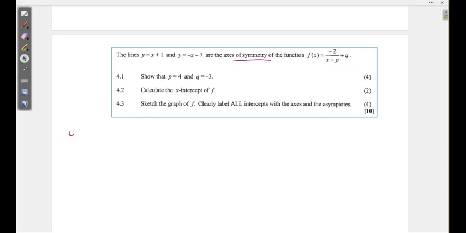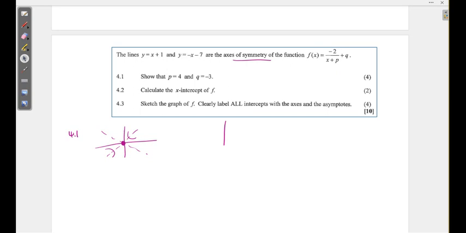Now for 4.1, let's understand that if you have a hyperbolic function, its axes of symmetry always meet at a common point, and that common point actually determines the asymptotes. Now what I mean is this. This one, you can see there is a negative there.